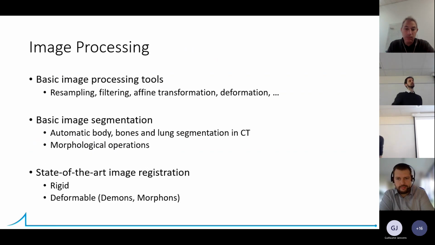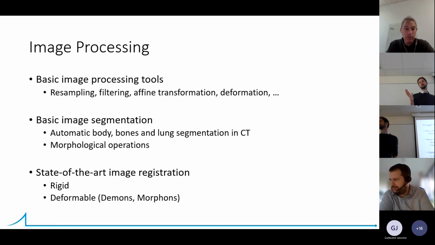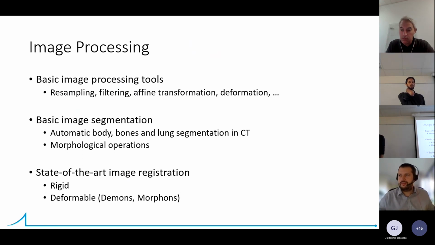And so basically we have 3 categories of tools. We have all the basic image processing tools in such kind of software, like resampling of images so that you can put them together, filtering of images, affine transformation, deformation, etc. So really the basics here. We have also some basic image segmentation tools, and they're not for clinical evaluation, but they're very practical to be used in workflows. For instance, automatic body, bones, and lung segmentations in CT images.